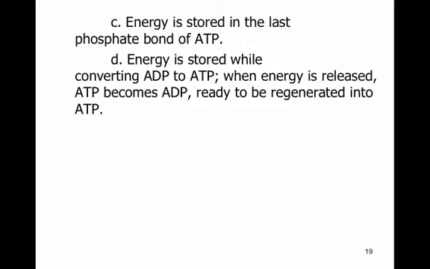So you're adding another phosphate group on, and that's where the bond that's formed is where the energy is stored. And so when ATP releases its energy, it's breaking that bond and becoming ADP, and then ADP will get turned back into ATP, and the cycle goes around.